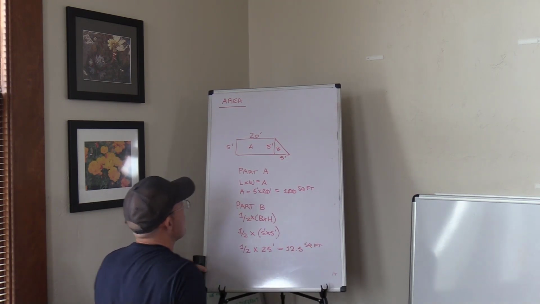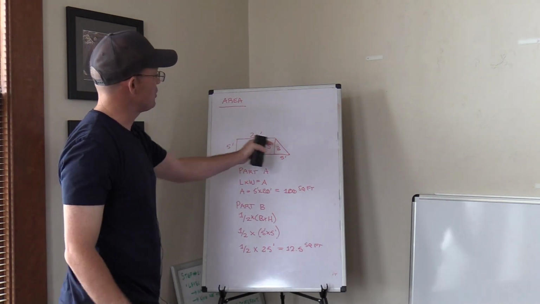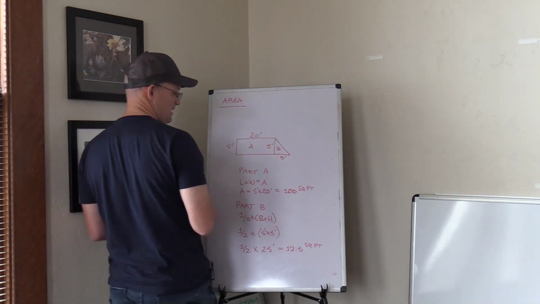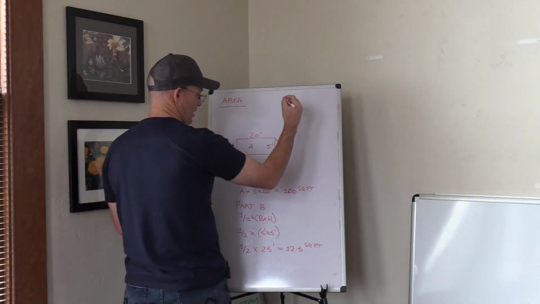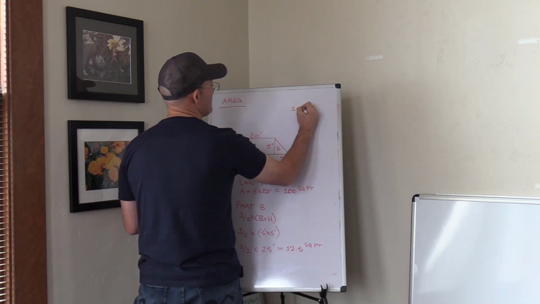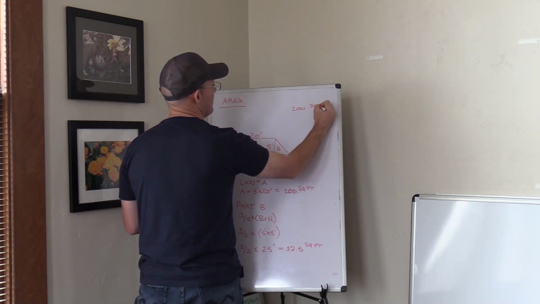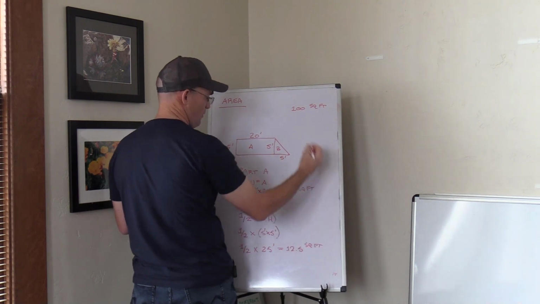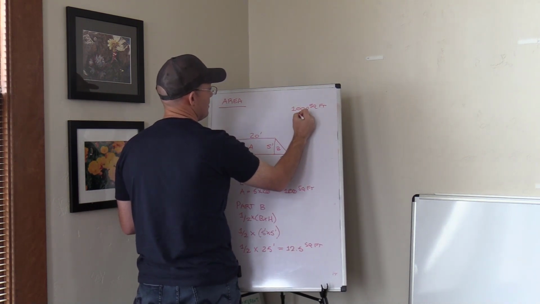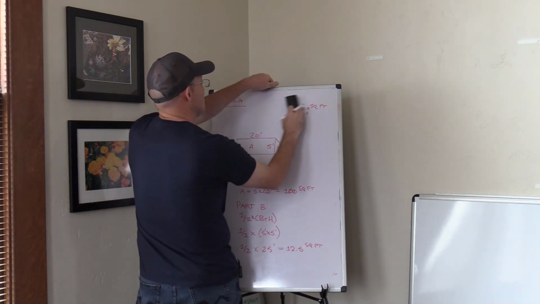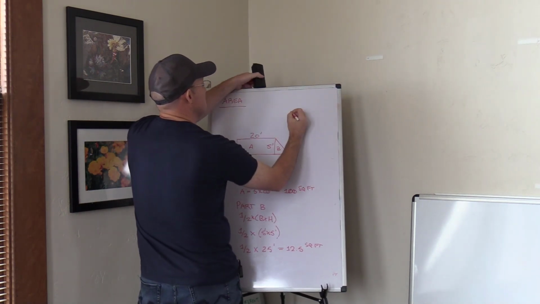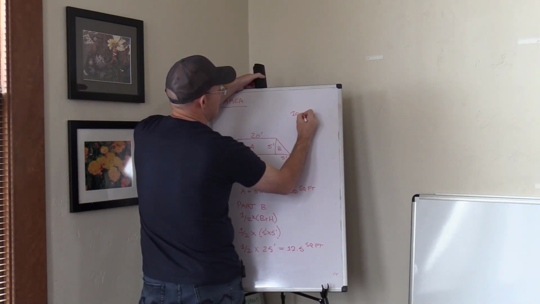So if we want the total of the shape that's made from the union of A and B, if you put A and B together and we want this overall area, you've got to add 100 square feet and 12.5 square feet. Let me write this a little neater. I'm always telling kids they need to be neat when they do their math, and then I'm messy.